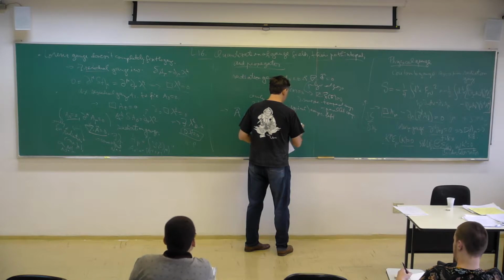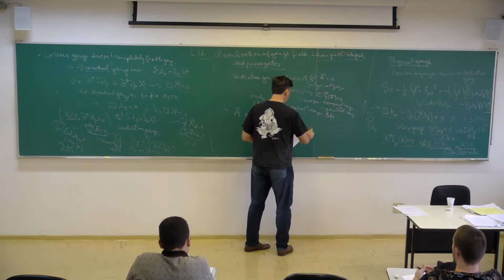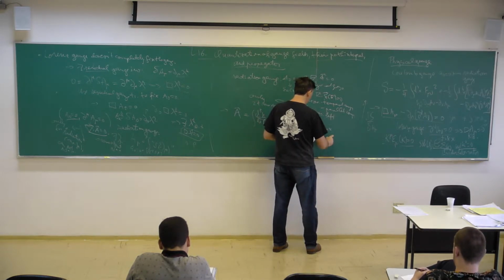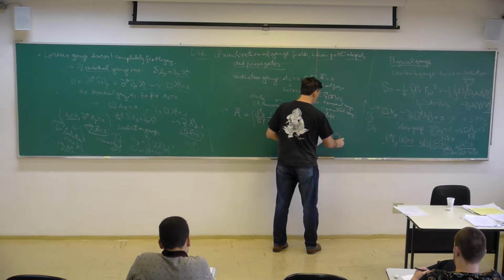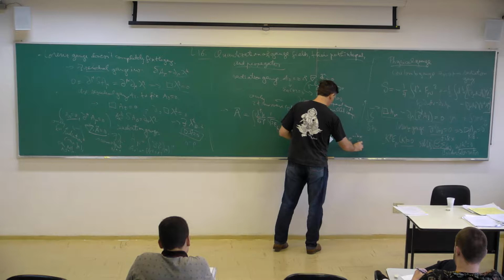And here I write epsilon vector lambda of k, and then e to the i kx with a coefficient a_lambda of k, and e to the minus i kx with coefficient a_lambda dagger of k.